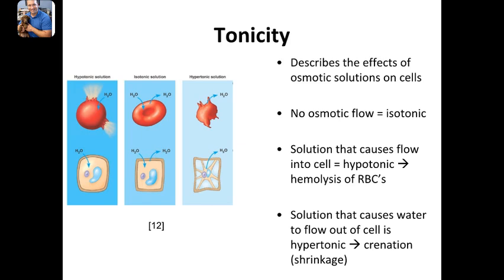In the extracellular environment, outside that cell, we've got a lot of water. So what happens is there's more tonicity, there's more stuff, solutes within the cell than there are in the extracellular environment.